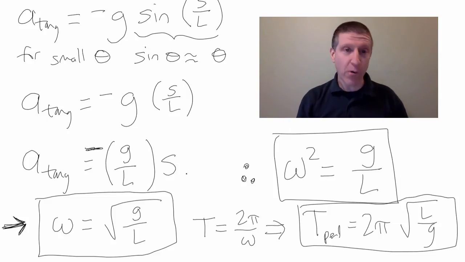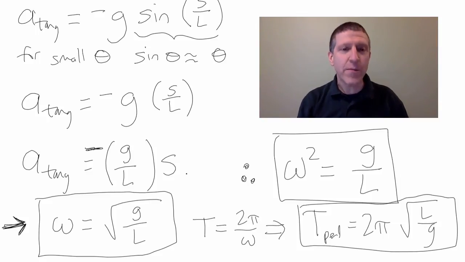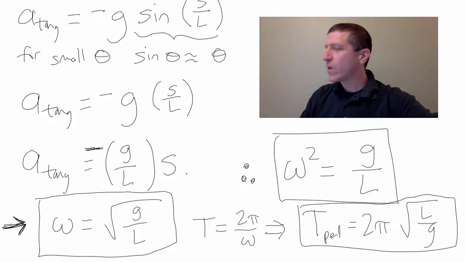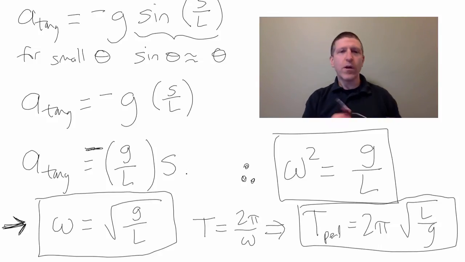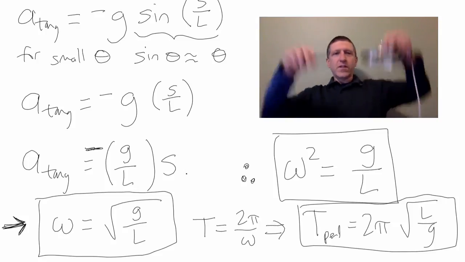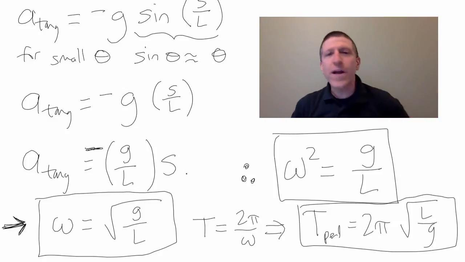It may matter for a spring block system, but for a pendulum, why is it that the mass doesn't matter? Why is it that regardless of mass, whatever I drop, something light or something heavy, these things will drop at the same rate? Because the greater the mass, proportionally the greater the force.